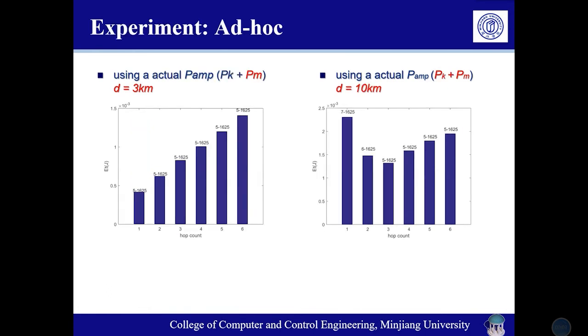To further analyze the influence of distance and hop count on the overall power consumption under the actual parameter conditions, we fixed the communication distance as 10 kilometers. The final result is shown on the right.